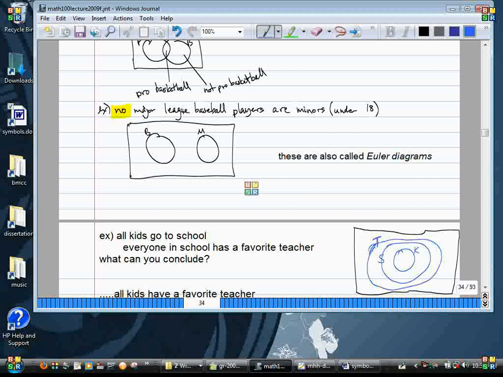Does that make sense? Okay. And so now when we look at the picture, what can we clearly see? Everyone who's a kid. Right. So we already know that everyone who's a kid goes to school because that was one of the givens. But we can conclude, which wasn't given, everyone who's a kid has a favorite teacher. You just look at those two circles. Does that make sense?